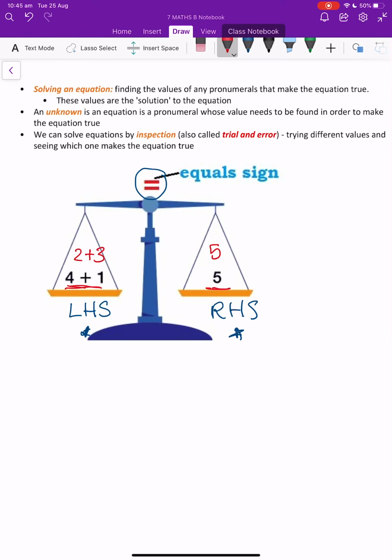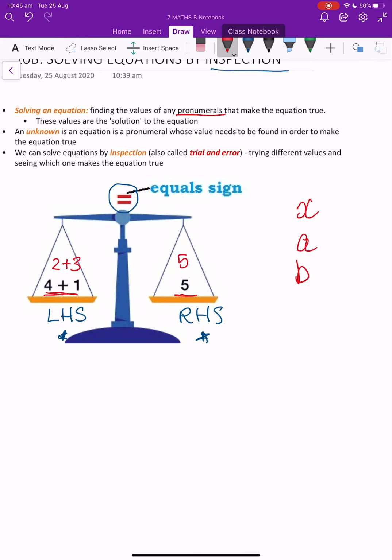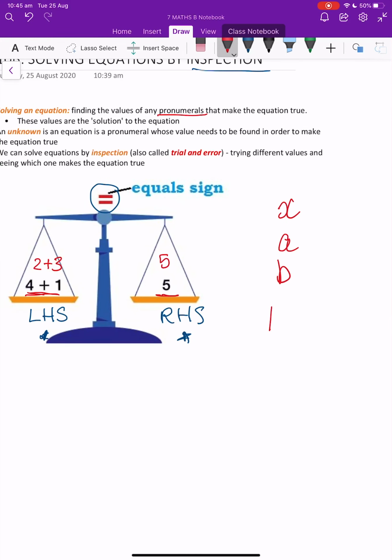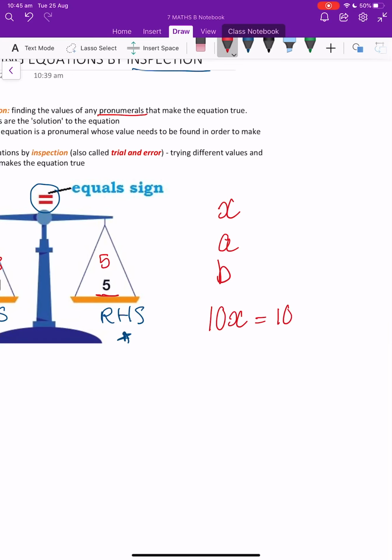Now, sometimes we're going to solve equations where we might have a pronumeral. A pronumeral could be a letter. It could be x, it could be a, it could be b, it could be any letter. And you might have an equation, something like 10x equals 100.